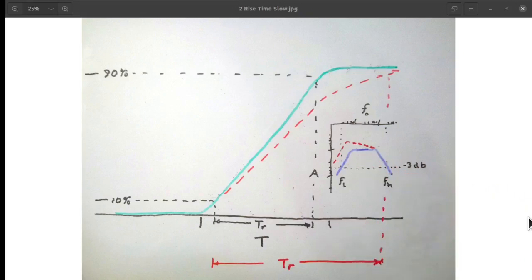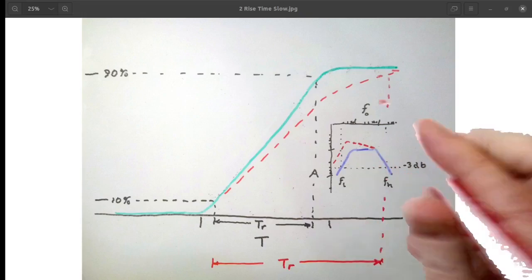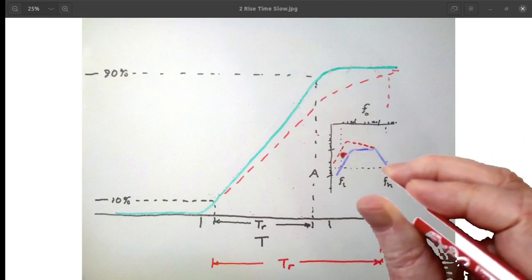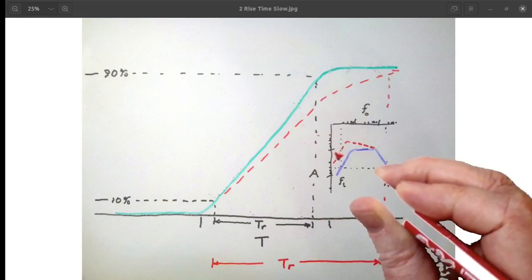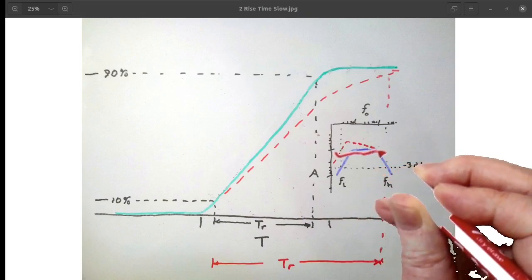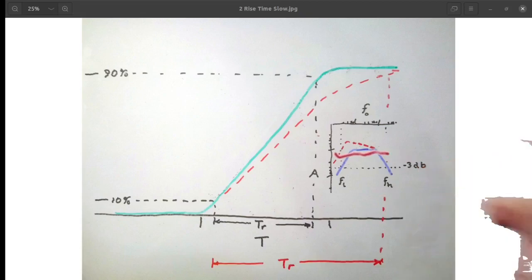So basically, our bandwidth is something, this would be about the 3 dB down point. And we can see that it's somewhat wider in bandwidth.